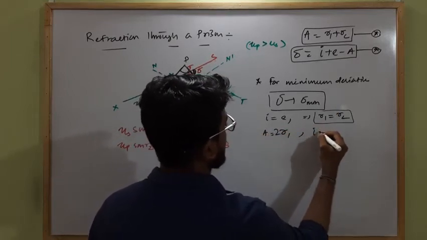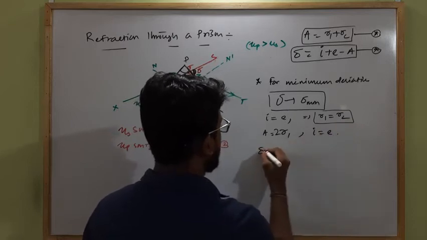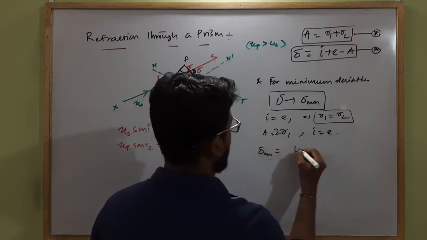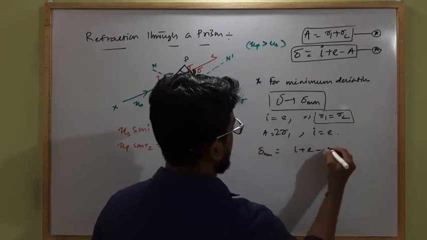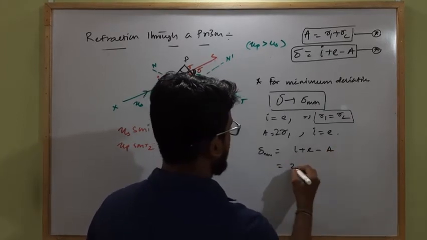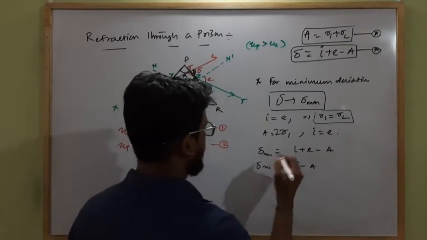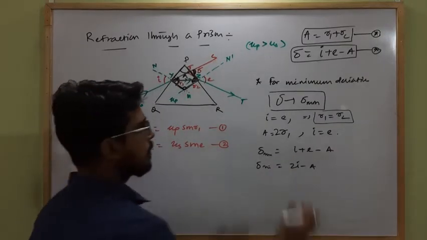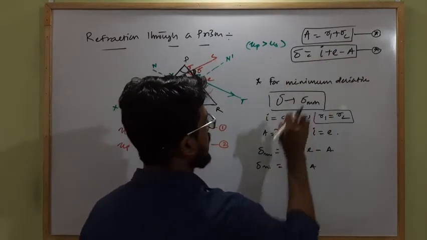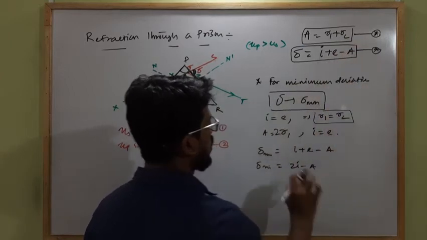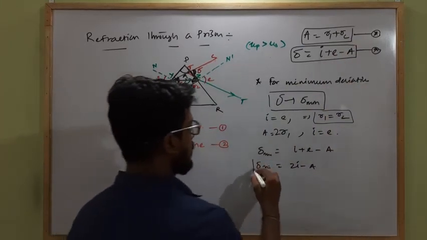And I equal to E, so delta minimum equal to I plus E minus A, which can be 2I minus A equal to delta minimum. Clear? Because I equal to E, so 2I minus A equal to delta minimum.